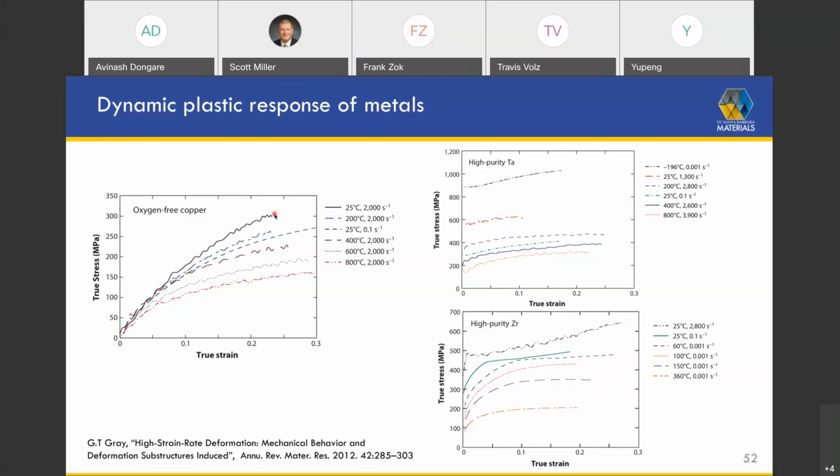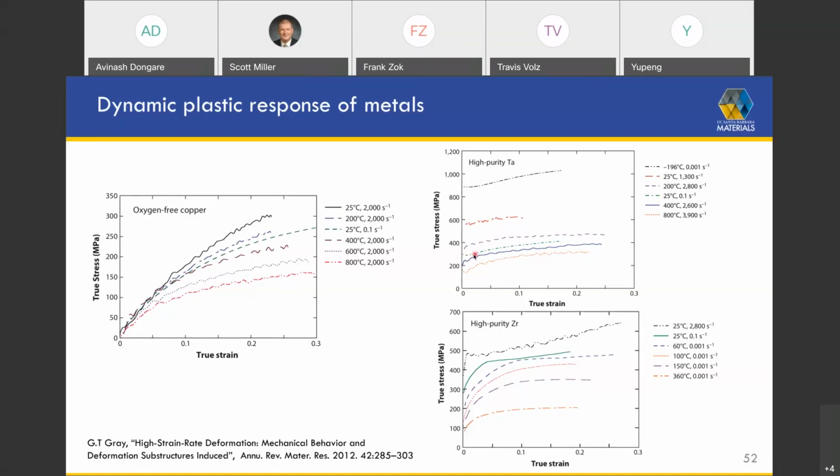Right? Now, in other materials like tantalum, this is a BCC material that's of great interest to people. You have the green and the red here. This is at 0.1 per second. The red is at 1300. What you find in this case is that because this is a BCC material, the yield strength itself is very strain rate sensitive.